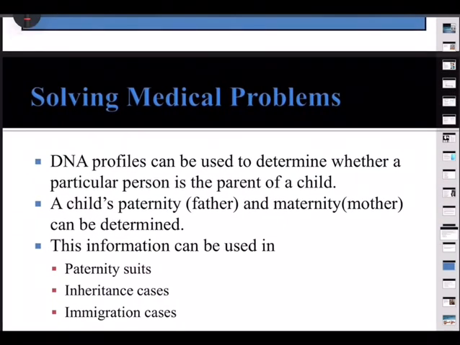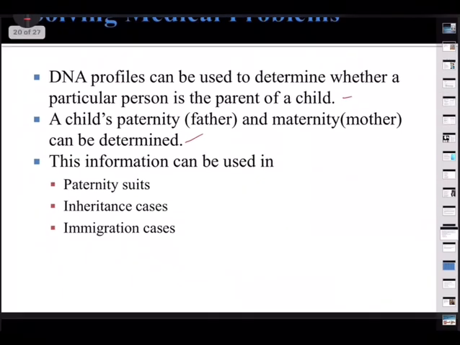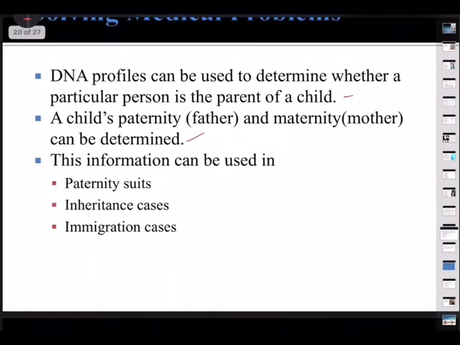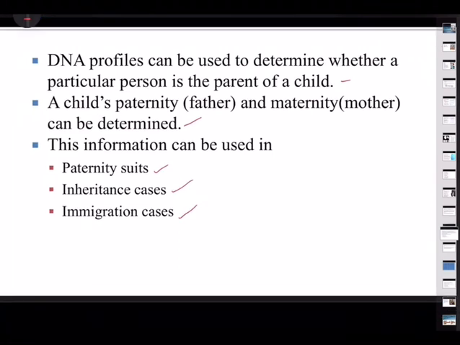And medical problems, DNA profiles can be used to determine whether a particular person is the parent of a child or not. That is paternity. A child's paternity as well as maternity can be determined. Who is father, who is mother, the biological father. This information can be used in paternity suits, inheritance cases, immigration cases, all this.